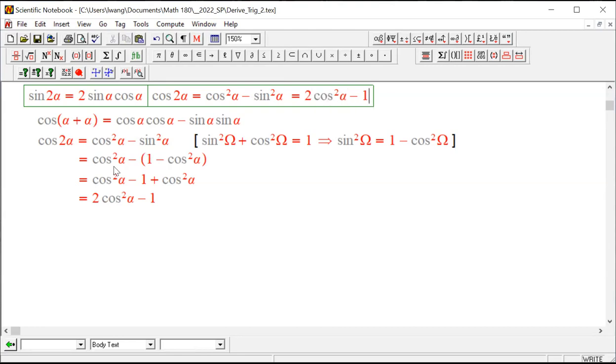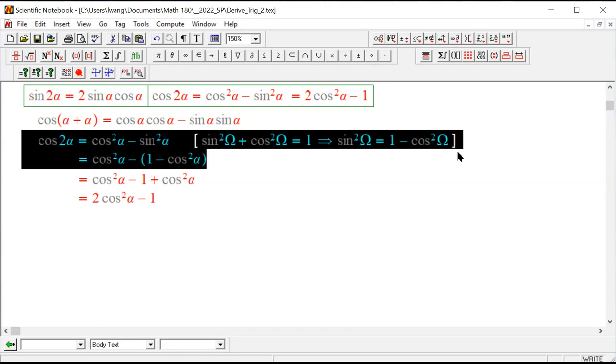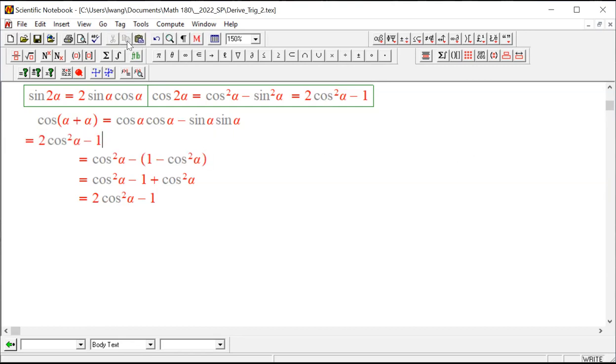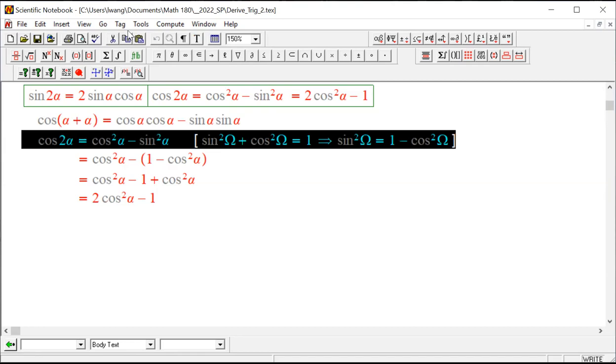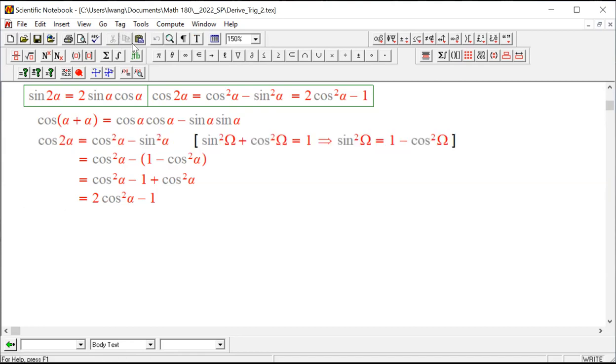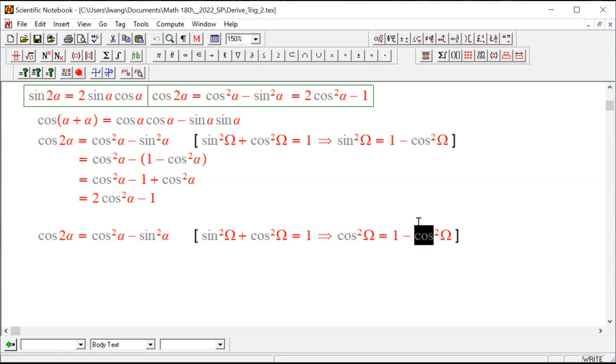Do we have a third one? Yes, we do have a third one. On the third one, we have the following. We're going to use cosine square omega equals 1 minus sine square omega.